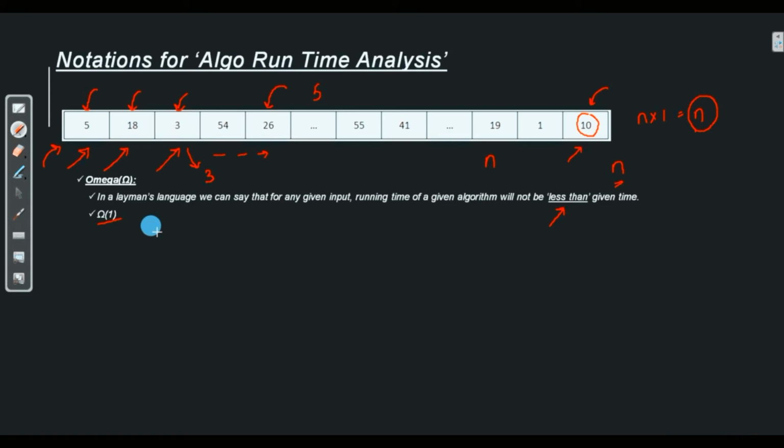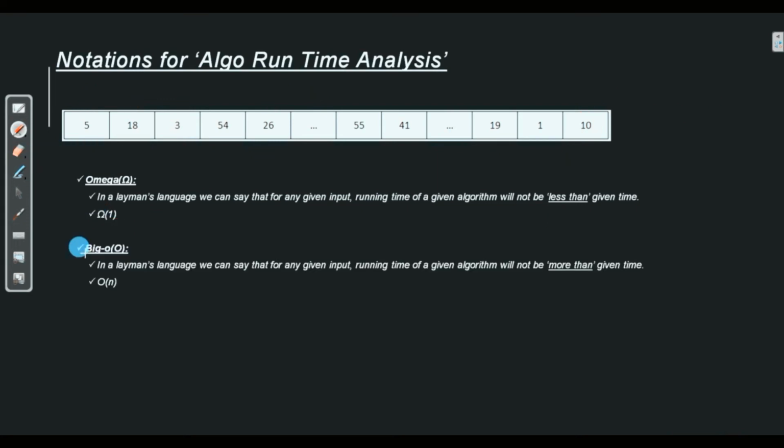Now let's see how we can represent our algorithm in terms of big O. If you remember, big O always guarantees that the time taken by the algorithm will not be more than the given time. So in case we are trying to find number 10, this will take n time.